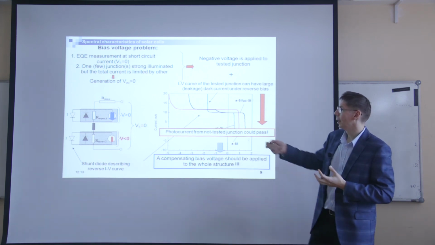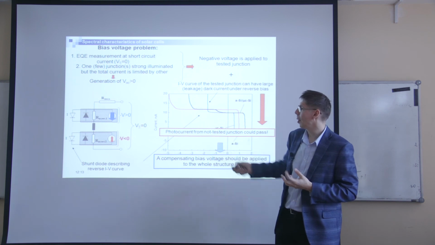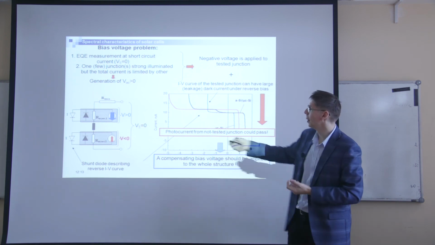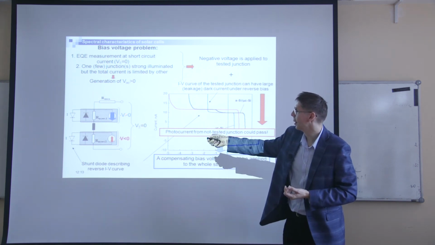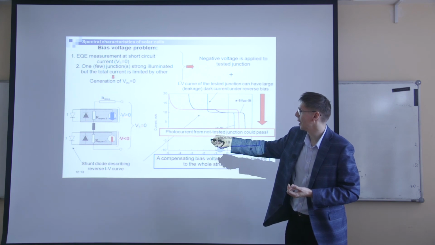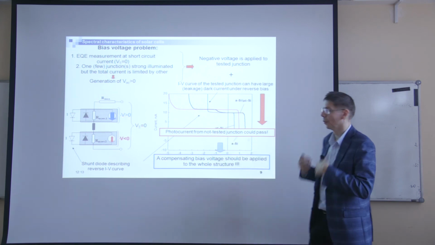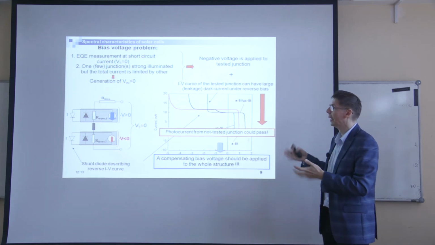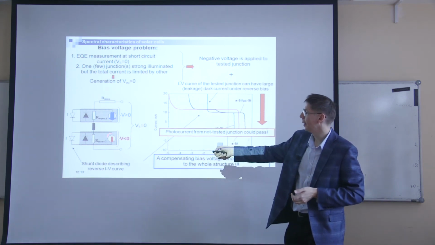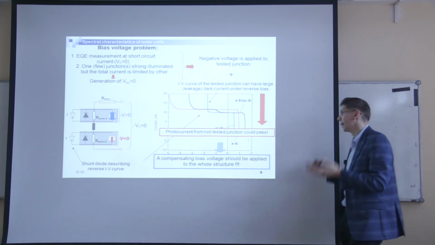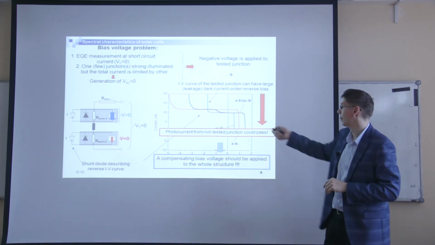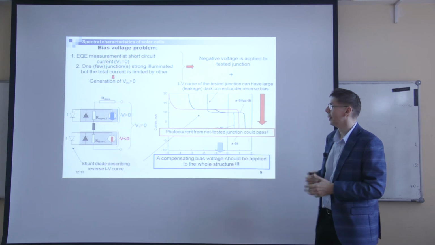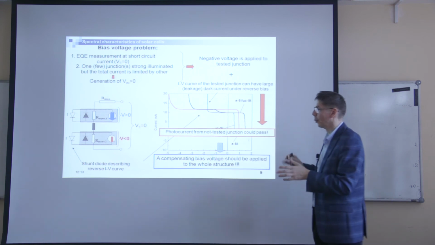So if here you apply some positive voltage, in the ideal case you would apply the same voltage as for this unmeasured illuminated junction, and in this case the voltage here would be equal to 0, and you are at the desired short circuit current point.